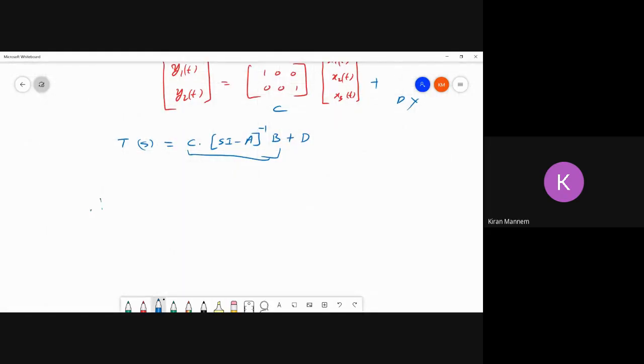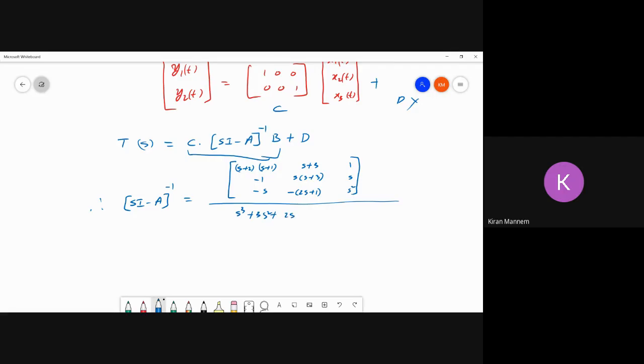I'm writing the direct value. You solve for this. You will get (sI minus A) inverse would have some denominator value, and the matrix entries, divided by s cube plus 3s square plus 2s plus 1, right?